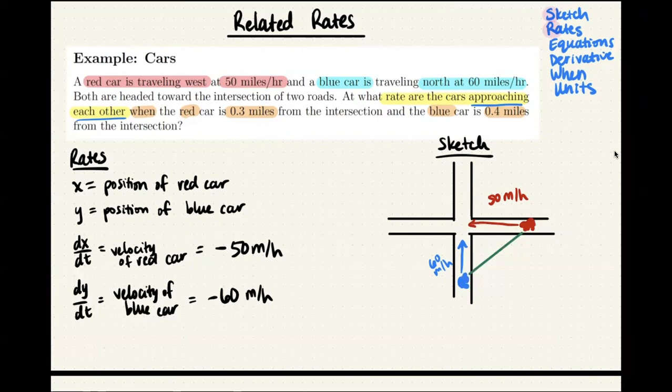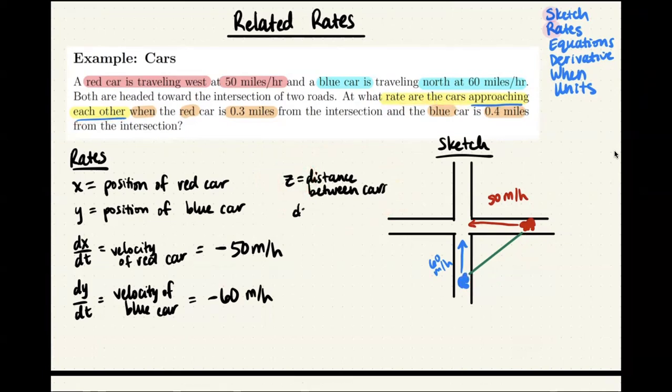Let's say I want to know something about this green line here. So let's say Z is the distance between the cars. And I want to know what rate the cars are approaching each other. So I want to know what's the rate of this distance.